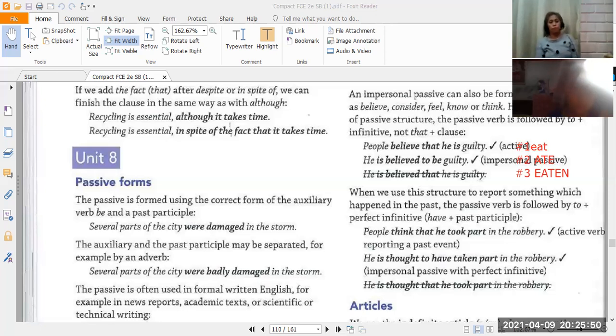If you want to say who does the action, you can use an agent. We form the agent using by plus person. The agent is optional, not necessary. One million pounds were donated to the children's hospital by the Prime Minister. By the Prime Minister is optional information.